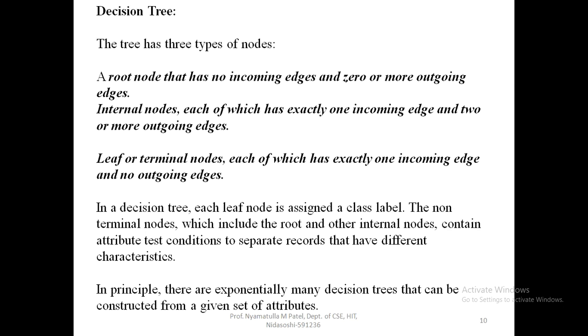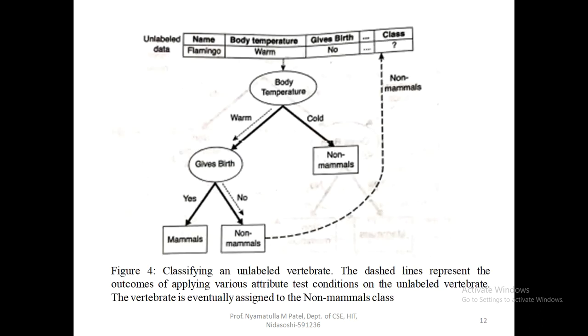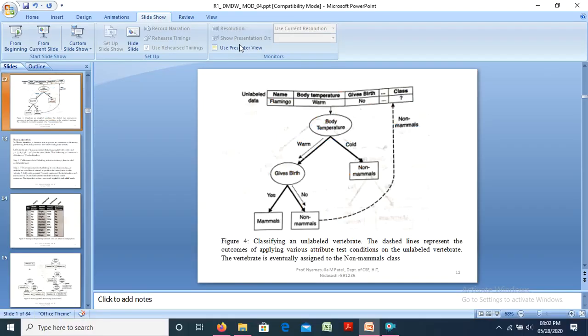Out of these we just looked into the decision tree and how it works. That is all we looked into in this video lecture. In the next video lecture we will go for Hunt's algorithm. Thank you one and all.